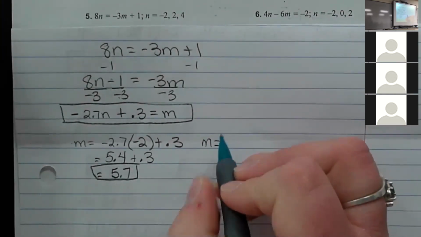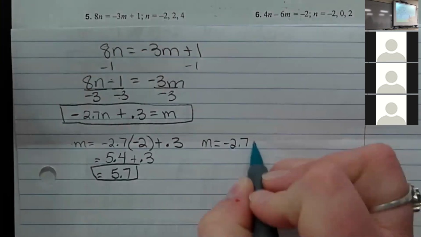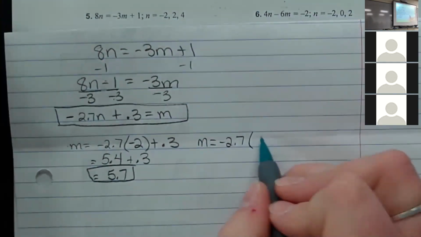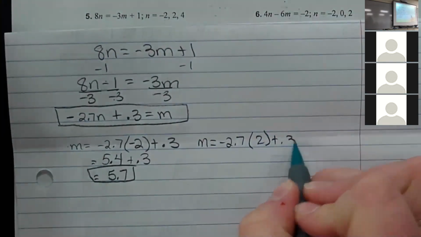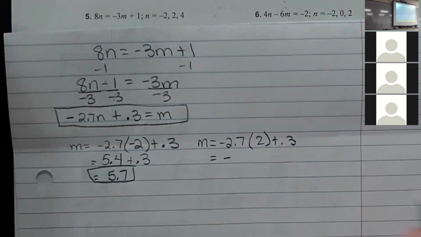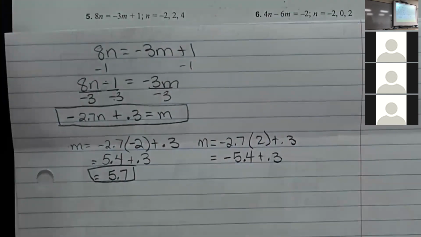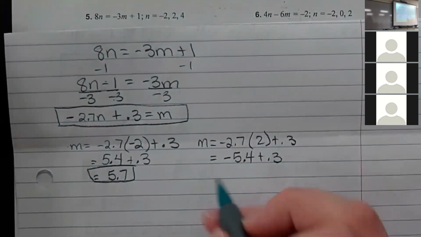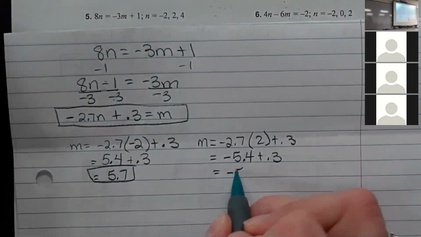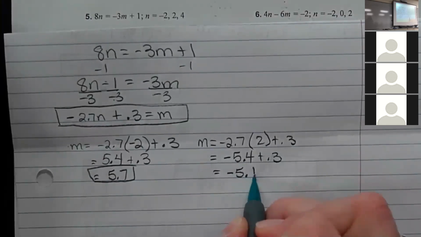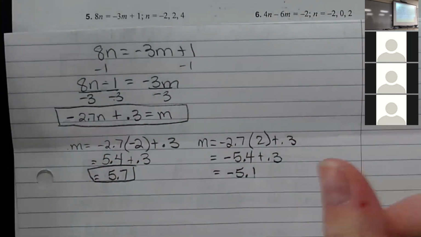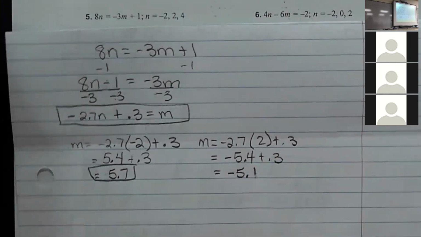M equals negative 2.7 times positive 2 this time, plus 0.3. So I have a negative 5.4 this time, plus 0.3. So really you're subtracting 5.1. Don't forget it's a negative.